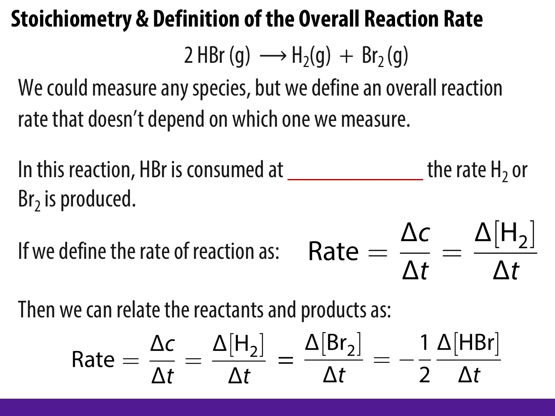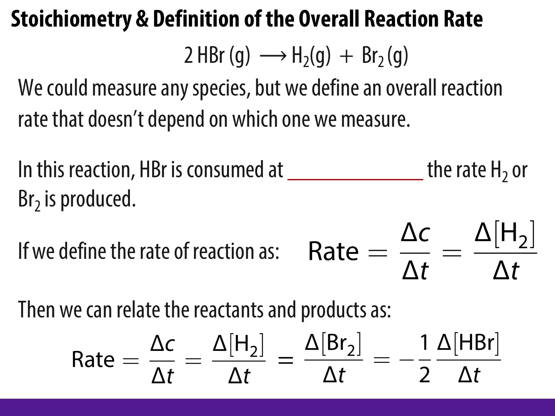Now, when we define the reaction rate, we could measure any specific species. But what we want is to have a consistent way to define the rate of the reaction, so it doesn't really matter which species we're talking about. So in this case, if we look at the coefficients from the chemical equation, there's a coefficient of 2 on HBr. 2 moles of HBr react to produce 1 mole of H2 and Br2.